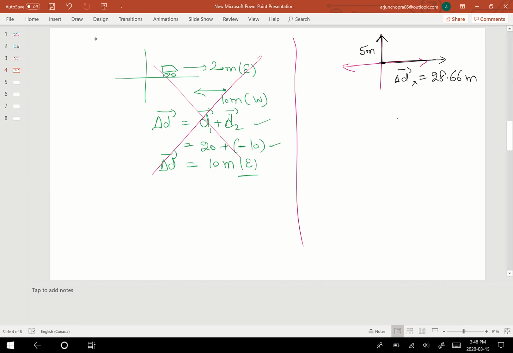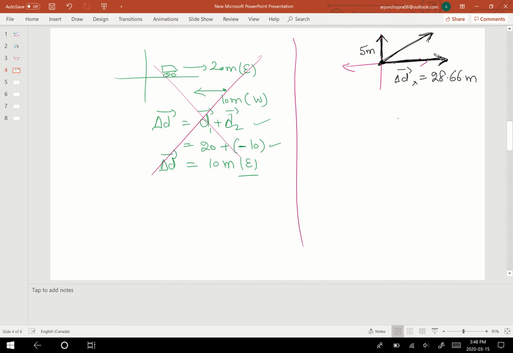What we do is, if this is in the y direction and this is in the x direction, we join the resultant like this. That will be wrong. You cannot add vectors like this. If this vector is pointing outwards from the origin point and this vector is also pointing outwards from the origin point, your resultant vector will also be outwards from the origin point.